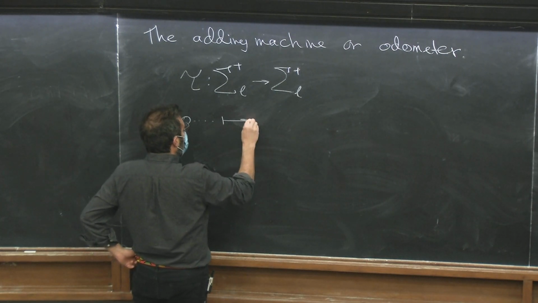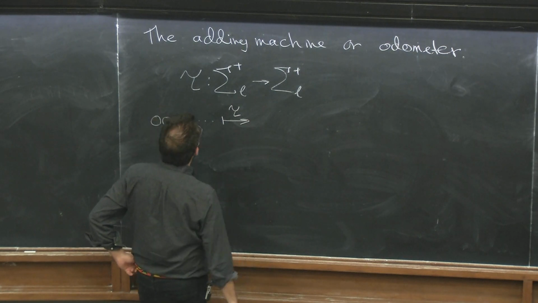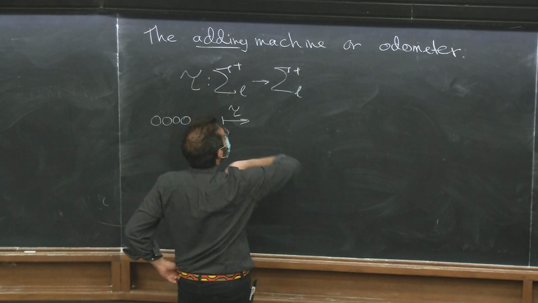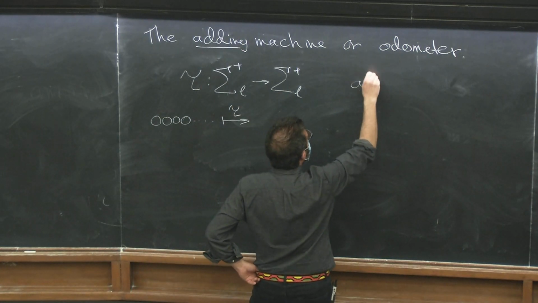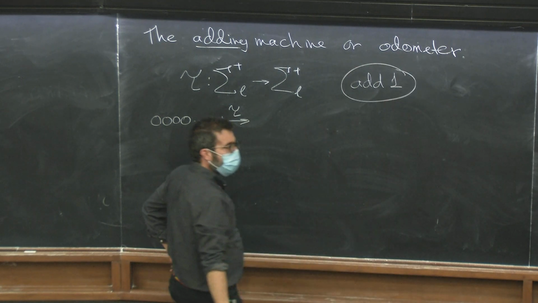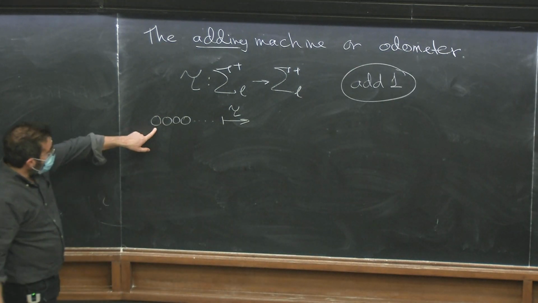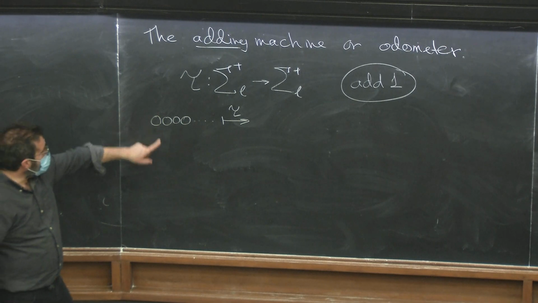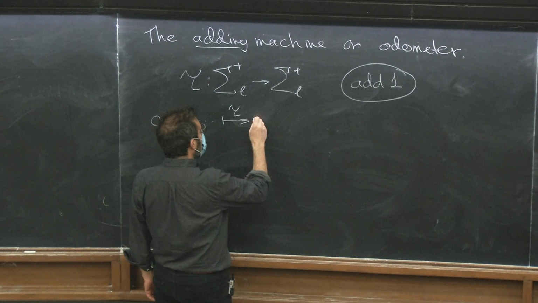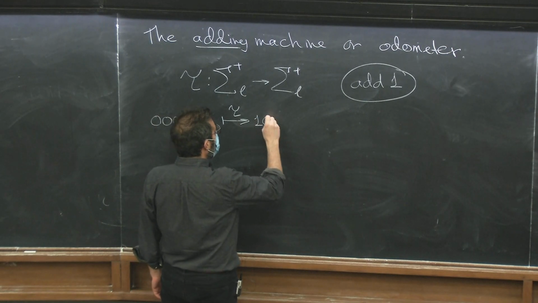And then I apply tau. And this is the adding machine. So basically, the operation is just add 1. So I'm going to add 1 to this point here. So the action of tau on the sequence 0, 0, 0 is just to add 1.